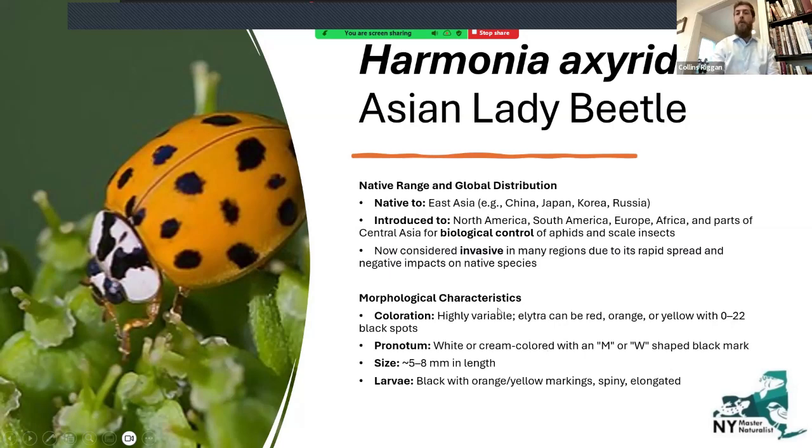So that can really throw a monkey wrench when trying to identify it. The one thing though that, again, not a 100% rule, but the thing that can help you identify it the most is going to be the cream colored M or W on the back of its head. So that is the number one thing that makes this one stand out if it's really kind of difficult to tell.